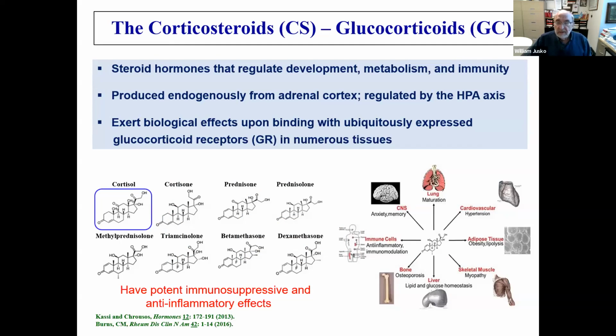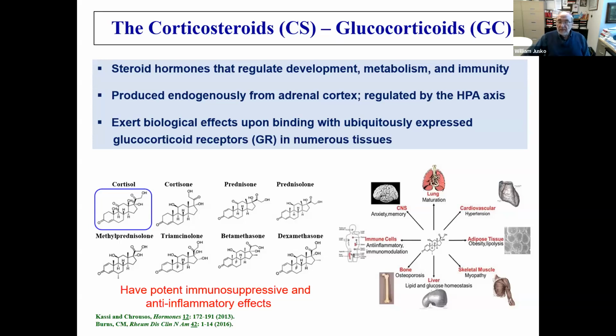So the types of effects that you see are in the diagram on the right. They will induce lung maturation, which is the subject of this presentation, but they have effects on a variety of other tissues. Most of those effects are negative.